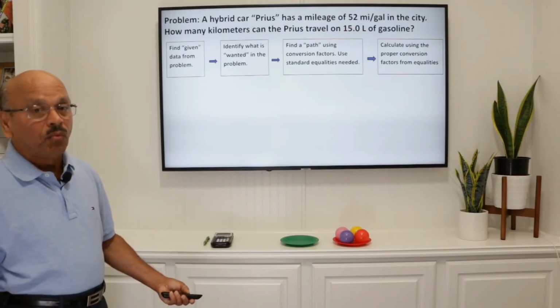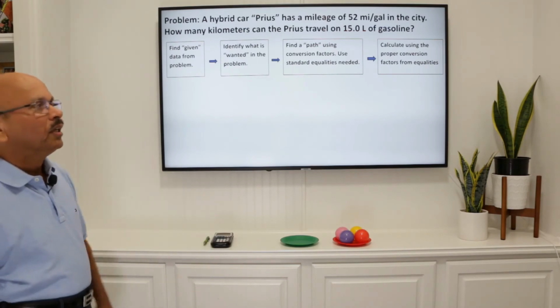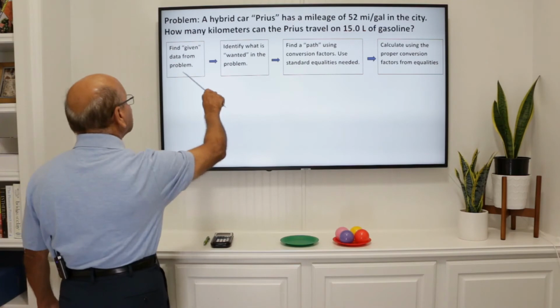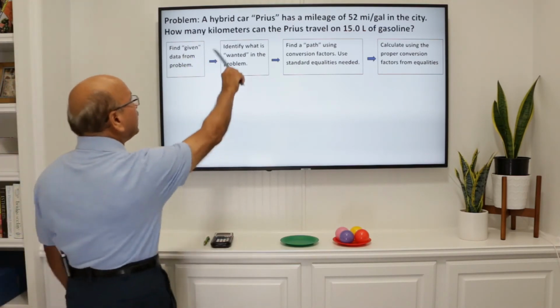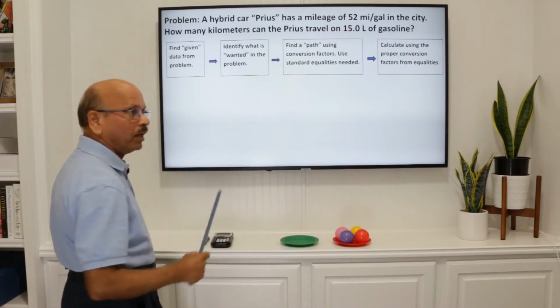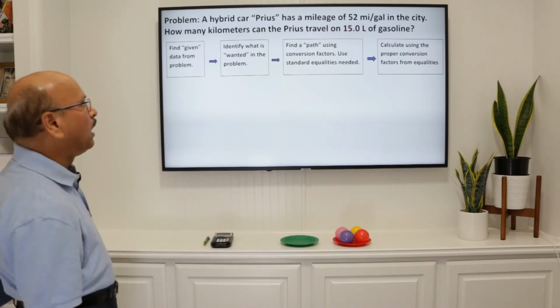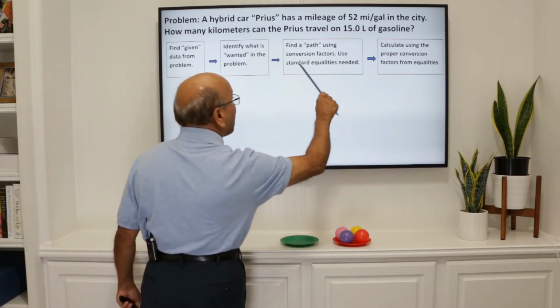Now, what is the idea? We analyze the problem. So, what are the different parts of doing a multi-step problem like this? You have to find out what is given, the data given in the problem. Second thing is you have to identify what is wanted. There will always be a question asking you what you have to find out. That is the wanted thing. And then you have to find a path.